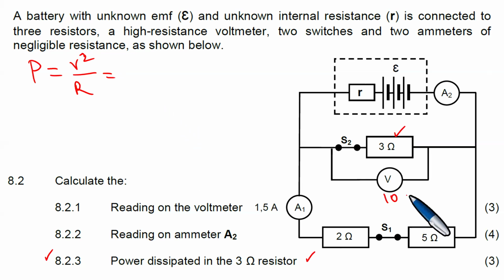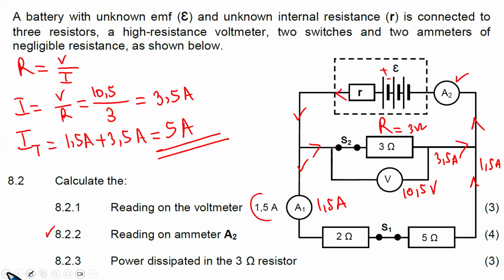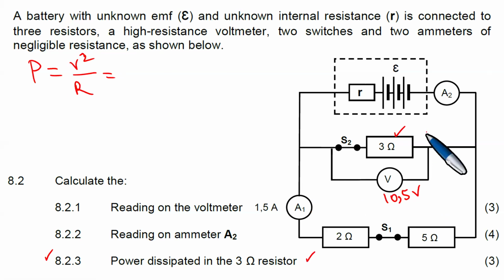Here we already know the potential difference is 10.5 volts, and the current is 3.5 amperes, and the resistance is exactly 3 ohms.